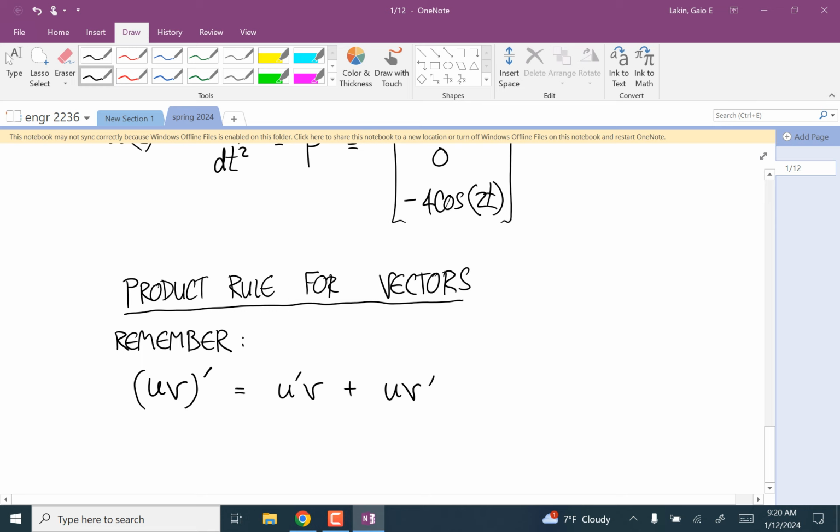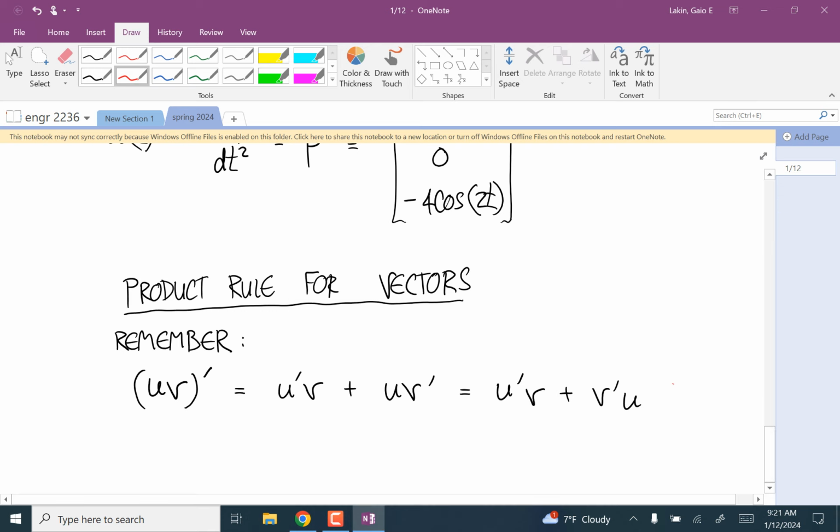Okay. You could also do it like this. It's just a different way of writing it, but u prime times v plus v prime times u. There's nothing wrong with doing that, right?